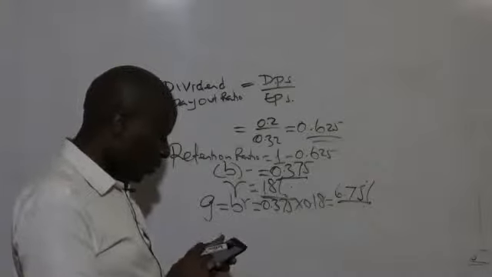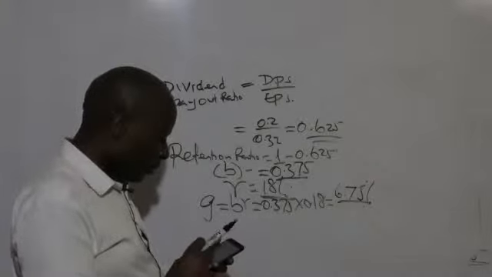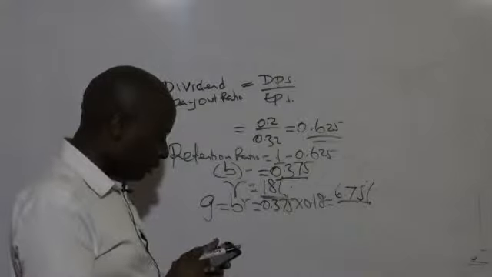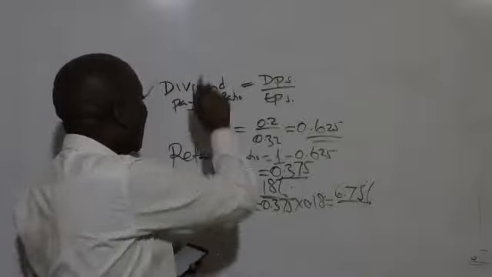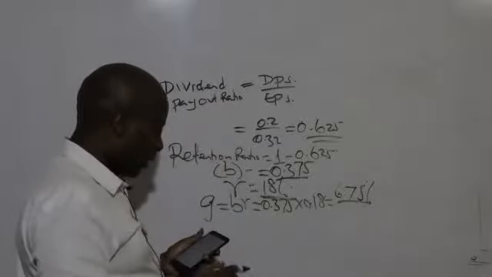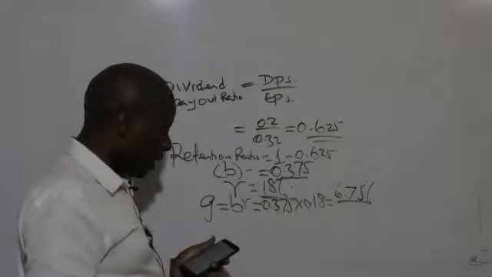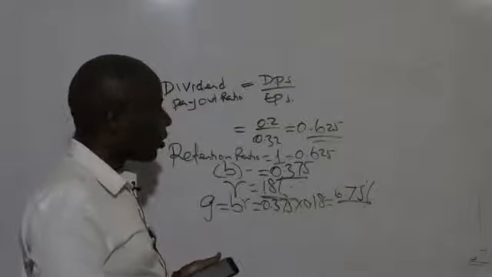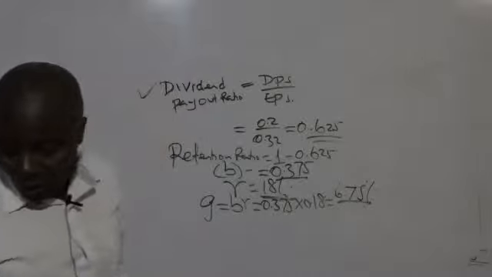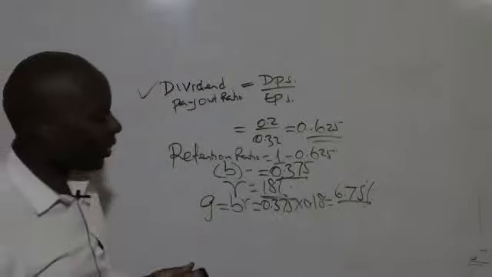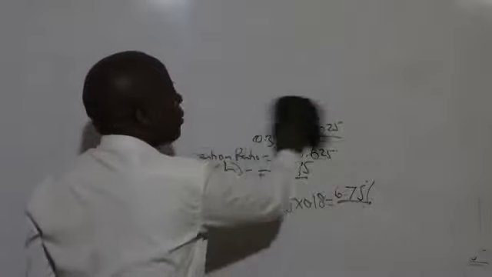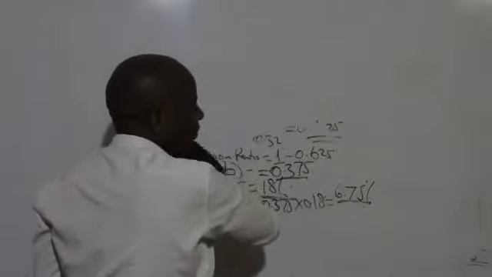Now, straight away, they want us to estimate the rate of growth in dividends. That we have done very well. Now go to B, where they want us to estimate the cost of equity. Cost of equity is as easy as a leisure walk in the park.